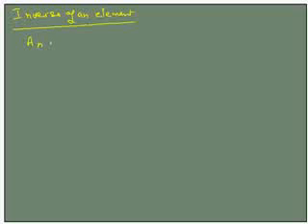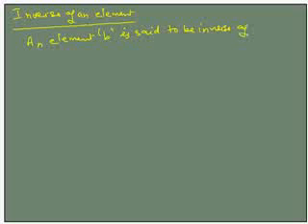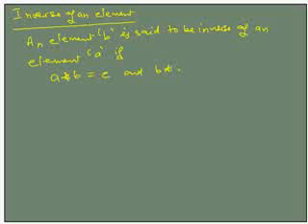An element B is said to be the inverse of an element A if A star B is identity and B star A is also identity.